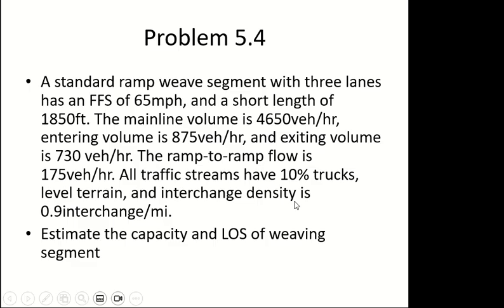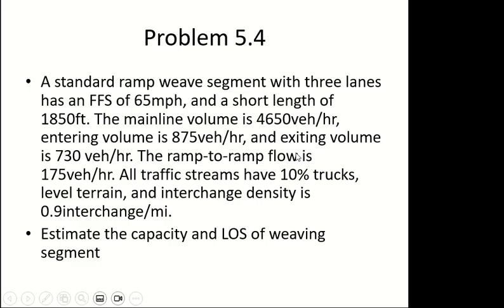Okay, the first thing I need to do is convert these volumes to flow rates, in passenger cars per hour.